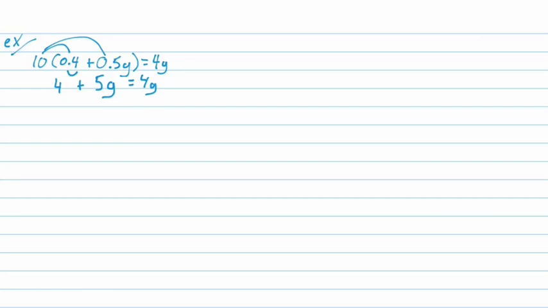In this case, since it's already down to a 2-step, I would just take the minus 5g and move it over. It would save me a step. So I'll be left with 4 on the left side. Over here, I'll be left with a negative 1g or negative g. And I divide by that negative. Negative g equals negative 4.